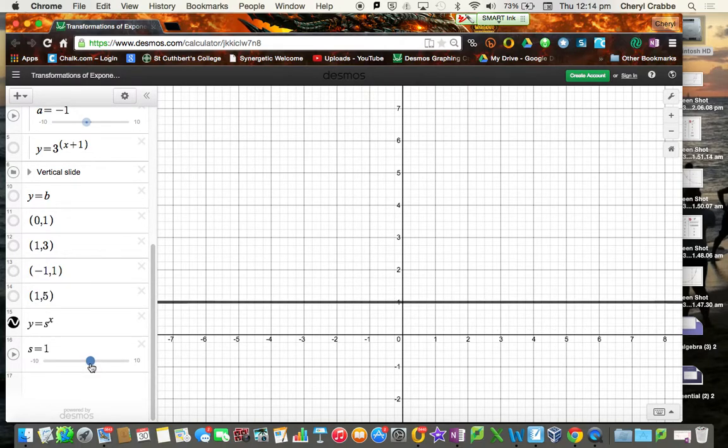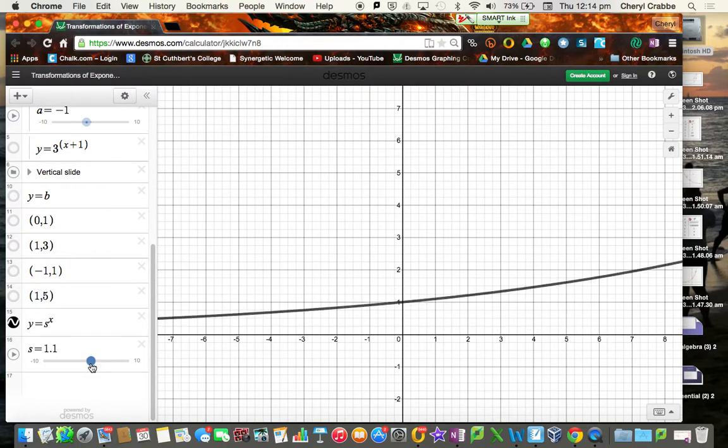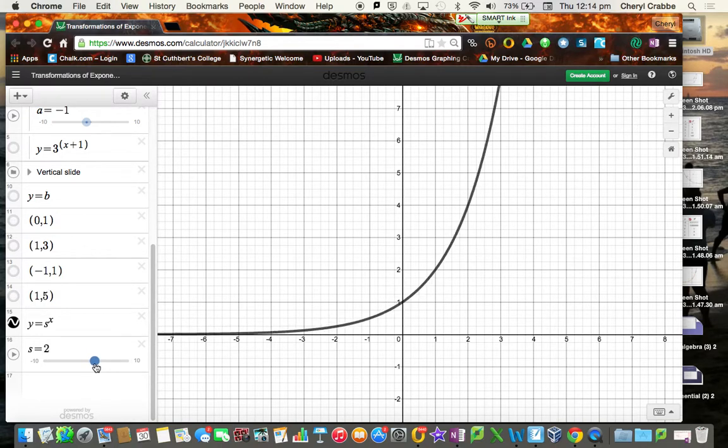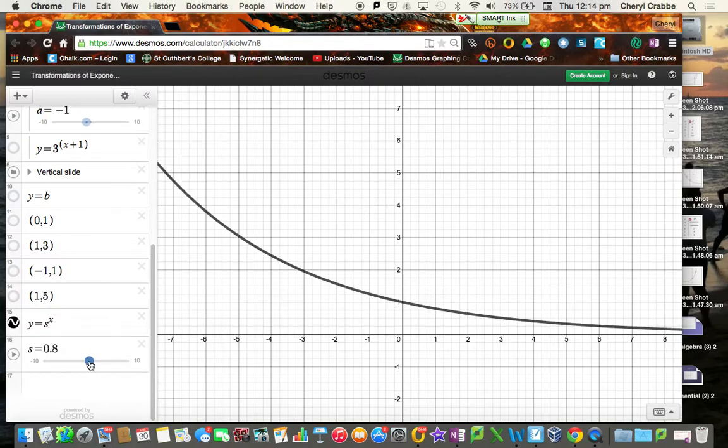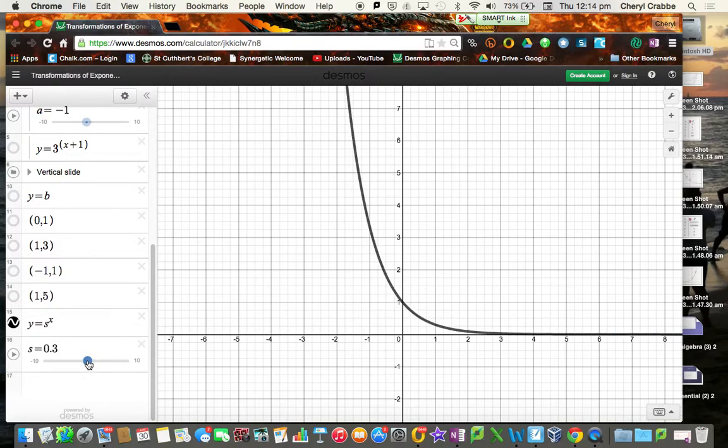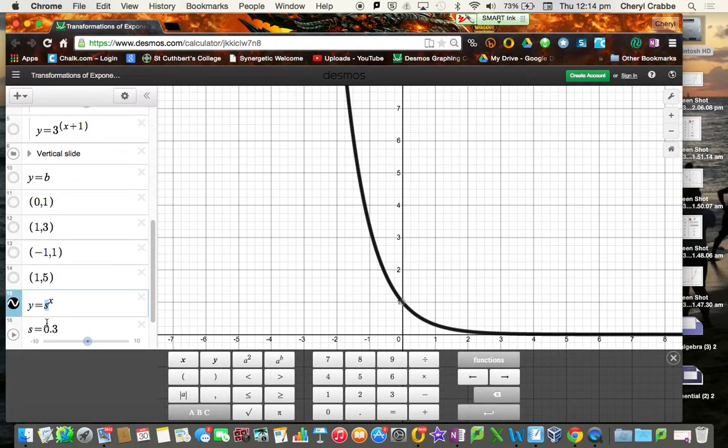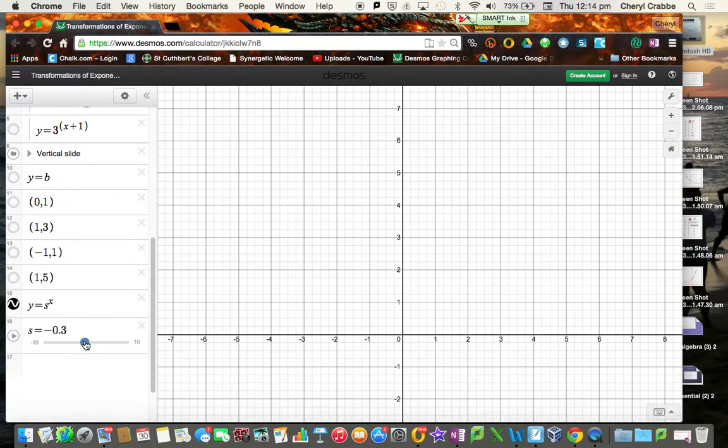If I go to 1, it gives me no curve at all, just a straight line, but if I go to 1.1, it's now a growth curve. So another feature of a parent exponential graph is that if the base number, in this case s, is between 0 and 1, it's a decay curve.